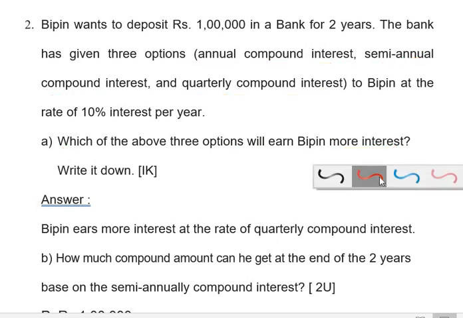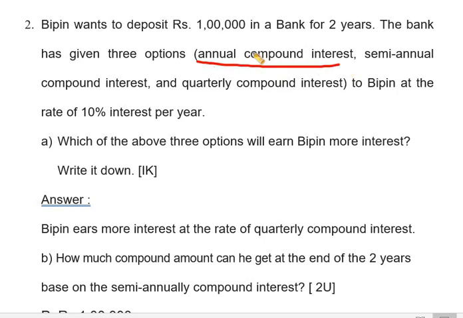Now what does it mean? Annual compound interest means it provides interest after the duration of 1 year. Interest will be provided at the end of 1 year. Semi-annual compound interest means it provides interest at the end of each 6 months.